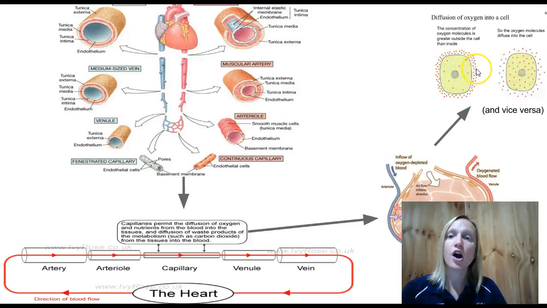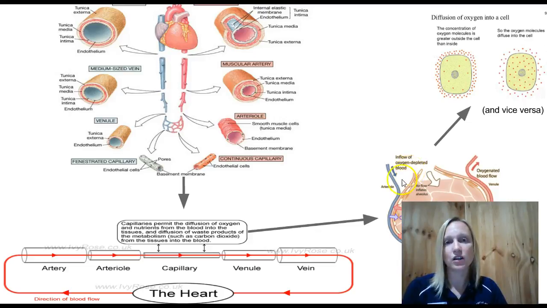At the moment, oxygen is in its highest concentration outside the cell, and it's in lower concentration inside the cell. So the oxygen wants to even itself out. It wants to go from highest concentration to lowest concentration. So over here, when diffusion occurs, now we have an even concentration of oxygen. It has evened itself out, and that's called diffusion.